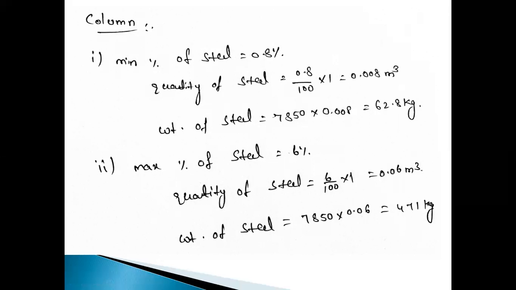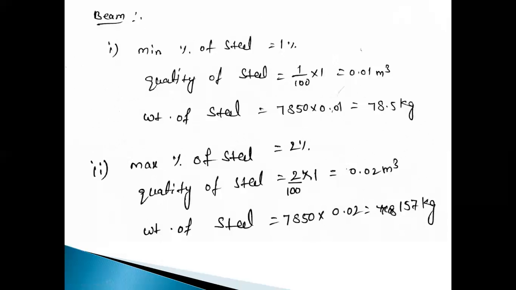For 1 cubic meter. Similarly, beam, minimum percentage of steel 1% and maximum percentage of steel is 2%. So here weight of the steel is calculated. So first of all, quantity of the steel 1 divided by 100 into 1 cubic meter, it is equal to 0.01 cubic meter, and weight of the steel equal to unit weight of the steel into quantity, 7,850 into 0.01, that is equal to 78.5 kgs.